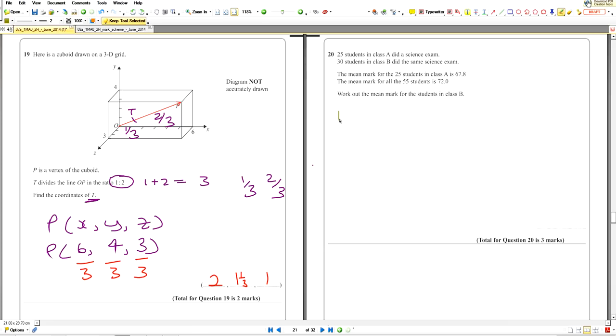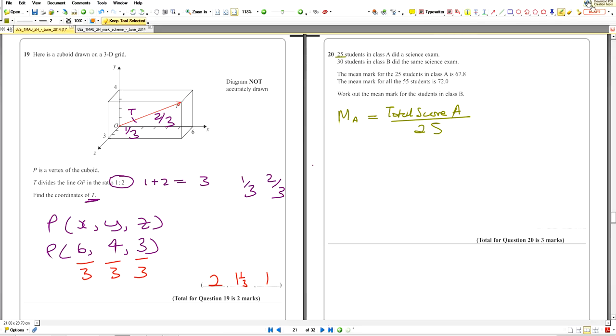Okay. So the mean of class A is equal to what? When you look at the mean, what are we talking about? The total divided by the number of events, yeah? So we've got the total score for class A divided by how many students in class A? 25. And what was the mean for class A? 67.8.